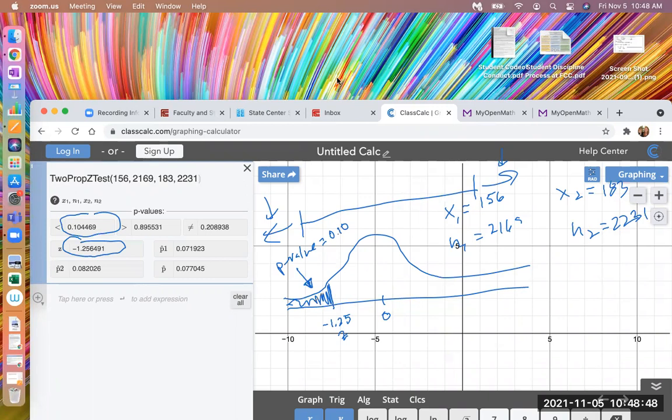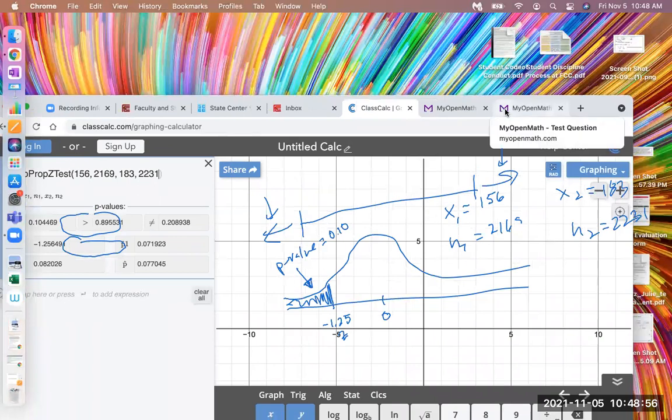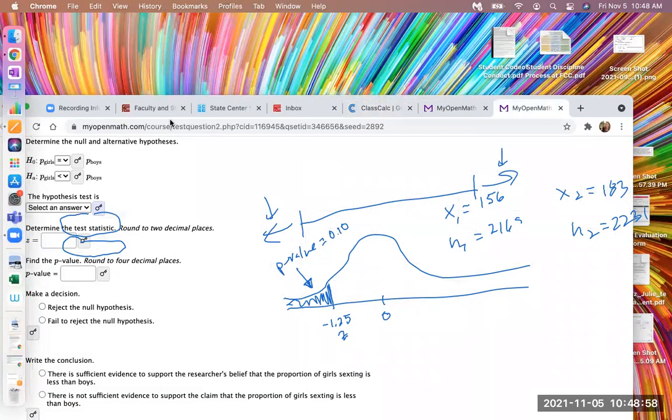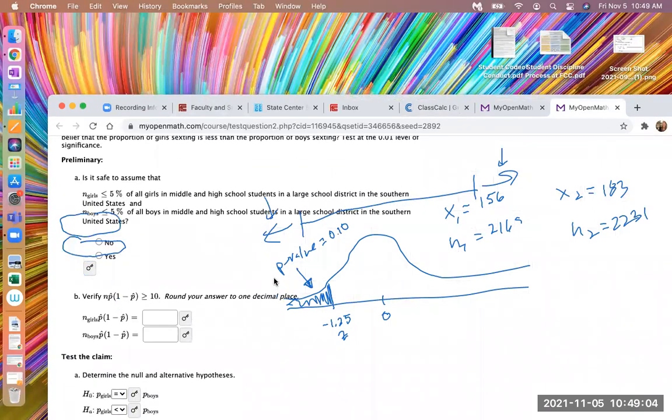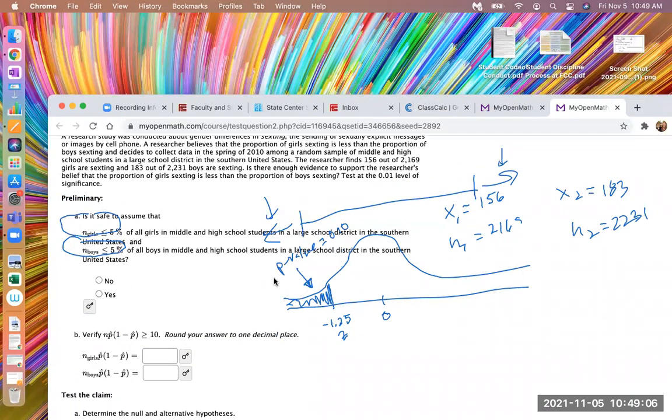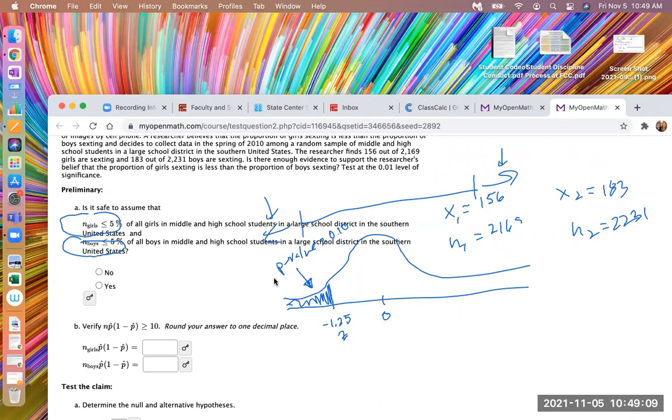So let's finish off the problem. So our p-value is 0.10.